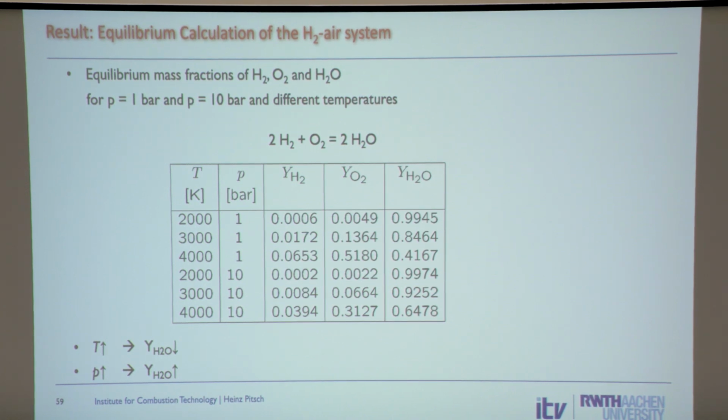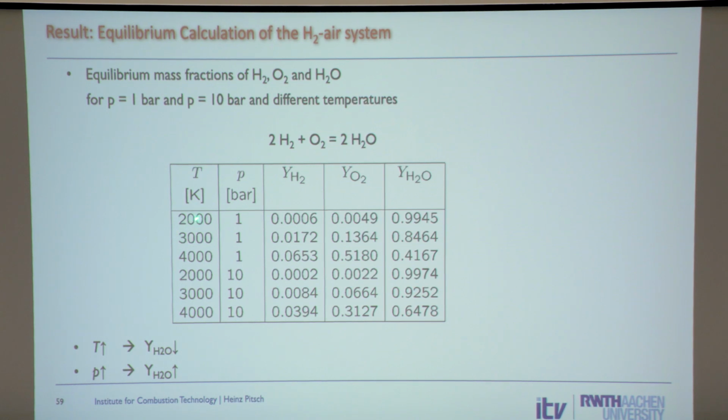So higher temperature shifts the reaction to the reactants if the reaction is exothermic. This, of course, is an exothermic reaction. Burning hydrogen is exothermic. If you have an exothermic reaction, then increasing the temperature shifts the equilibrium to the reactants.